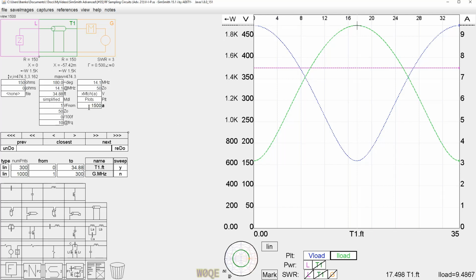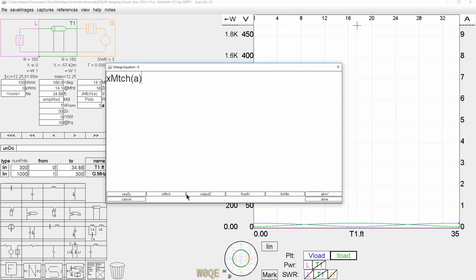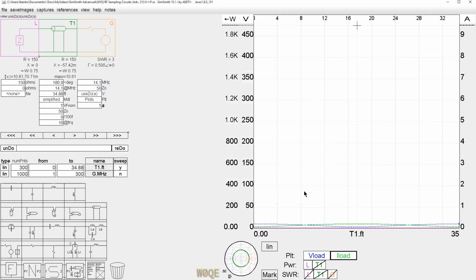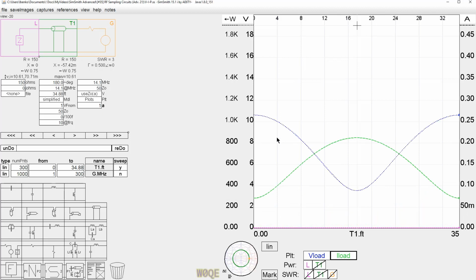In my case, on a minimum, I wanted to be able to say I had a 1 watt generator. It did not have a matching network in it, which gives me a lower answer when I'm done. I'm going to come over here and calculate the voltages and currents. Since it's on the bottom end, I want the minimum.